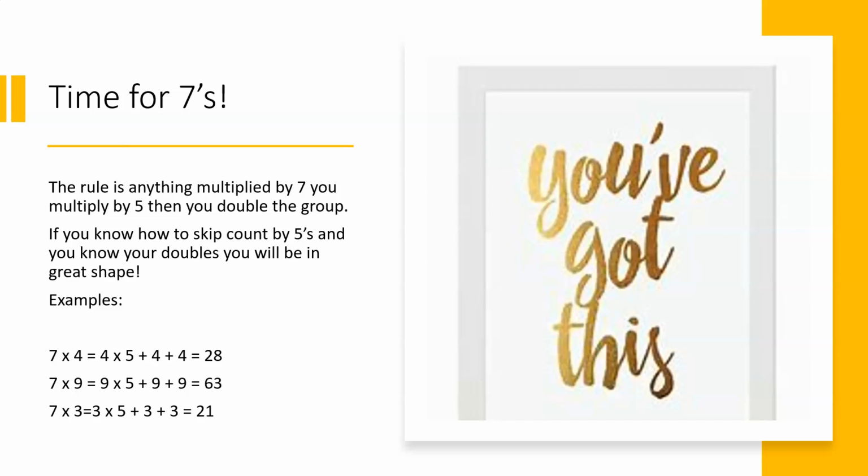Here are some examples. 7 times 4 equals 4 times 5 plus 4 plus 4 equals 28. 7 times 9 equals 9 times 5 plus 9 plus 9 equals 63. 7 times 3 equals 3 times 5 plus 3 plus 3 equals 21.